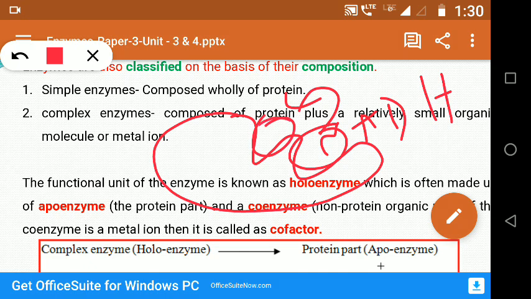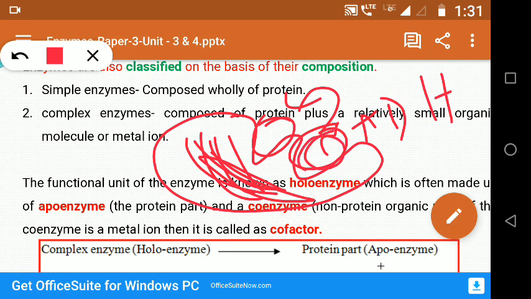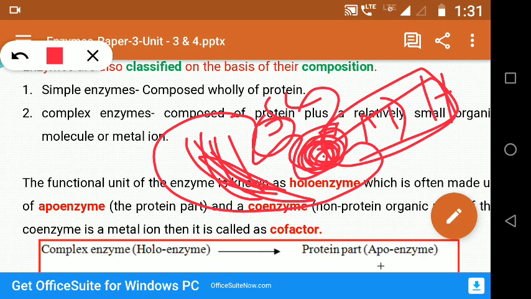This gives electrons to the substrate bound to the active site. So this enzyme has a simple protein part as well as another organic molecule which provides electrons to the substrate. In this case this organic molecule is NADH, sometimes FADH2. These organic molecules play a major role in performing the complete reaction.